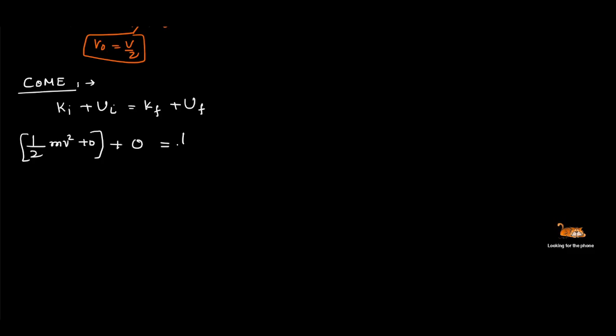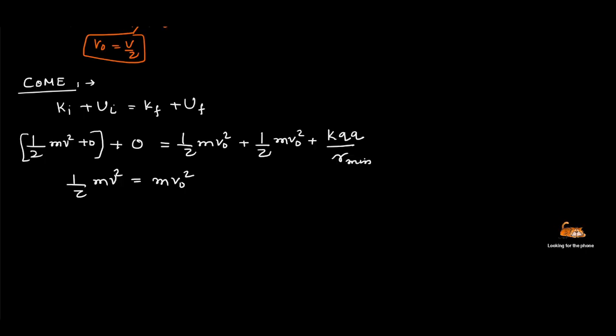Kinetic energy final is 1 by 2 mv naught square plus the second one also in motion in the same direction, 1 by 2 mv naught square. And the potential energy would be K Q1 Q2 by R minimum. So I can write 1 by 2 mv square equals mv naught square plus k q square by R minimum.